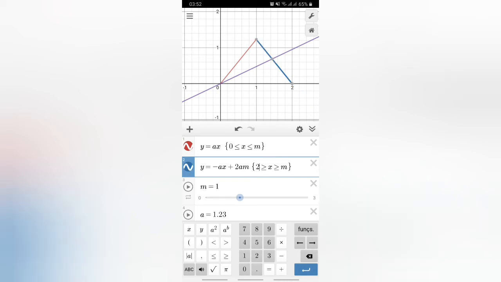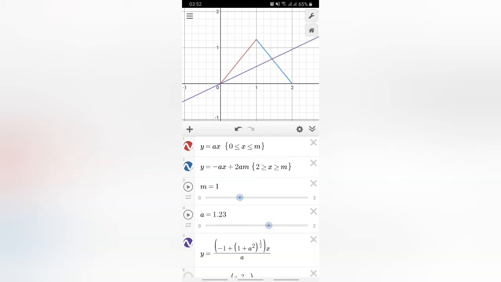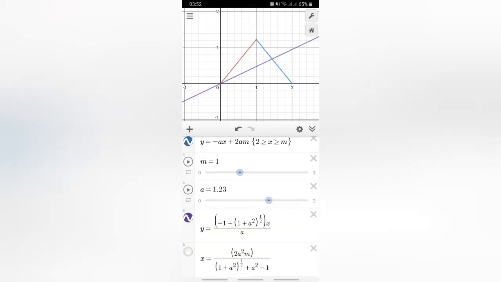Here, because we only care about this part. So this is the formula for the blue one and the formula for the red one, and this purple one is the bisector. I'm using here m equals 1 now, but you can vary it, but of course you will need to vary 2 over here, so let's just use 1 as an example.